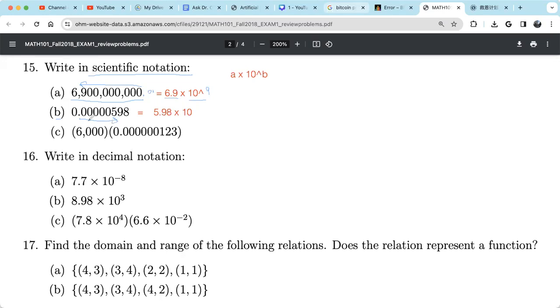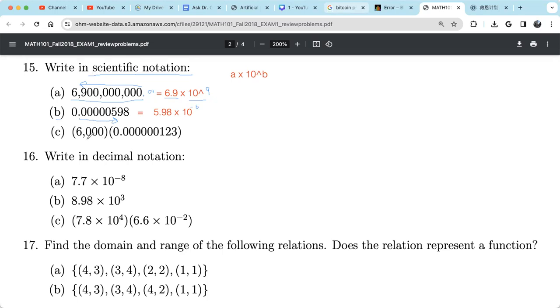How many places we have moved? 1, 2, 3, 4, 5, 6. So because we have moved the decimal point from left to right, that's 10 raised by -6. So if a number is smaller than 1, you see it's 10 raised by a negative number. If a number is bigger than 1, it's 10 raised by a positive number.